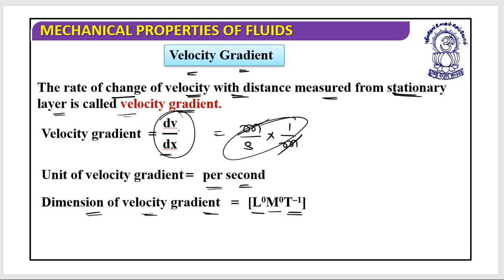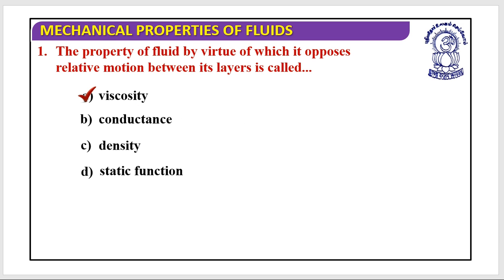Is it clear? Great. So let's check some quick questions. First, the property of fluid by virtue of which it opposes the relative motion between its layers: yes, this is what we call viscosity.